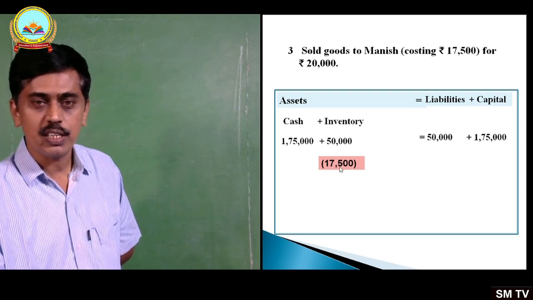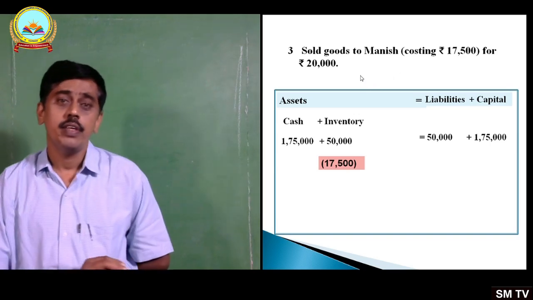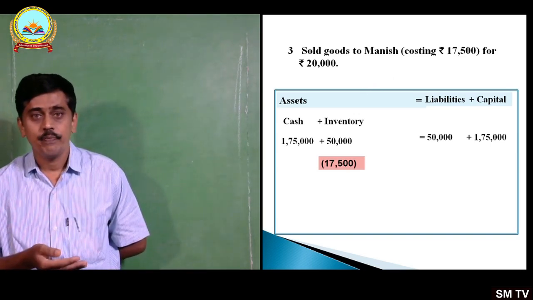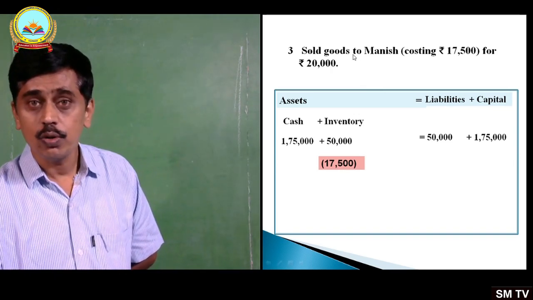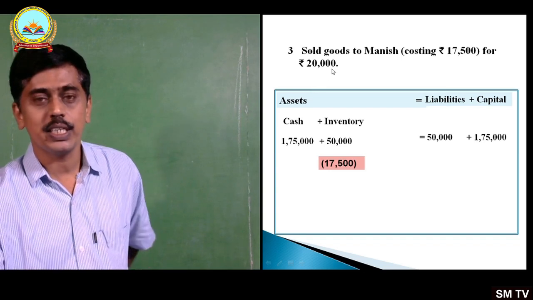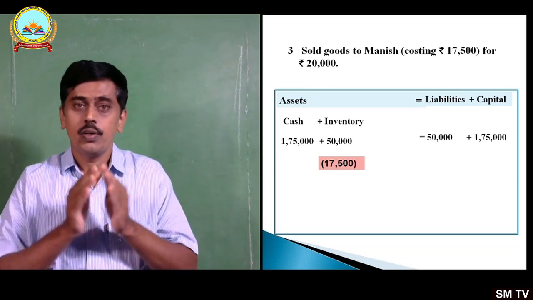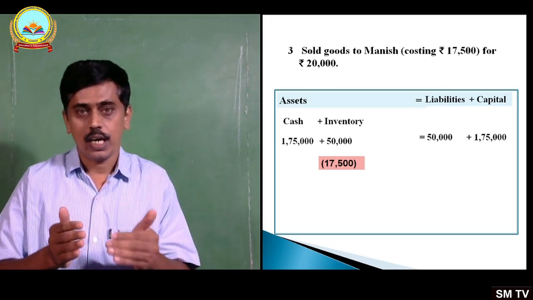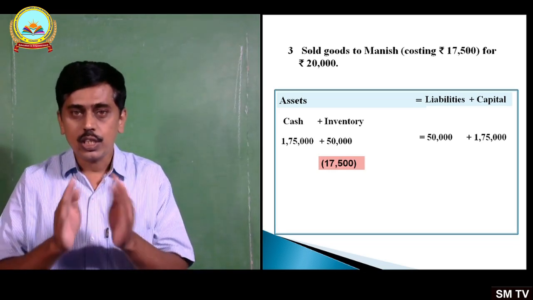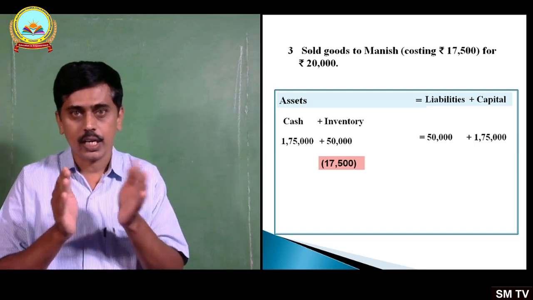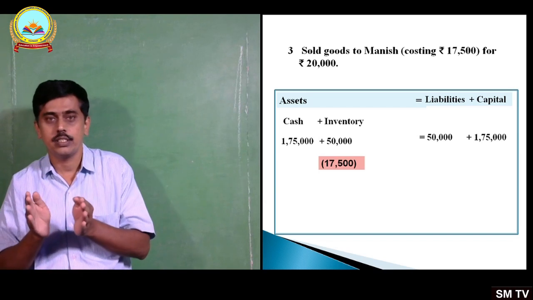Now Manish becomes our debtor, because here it says sold goods to Manish for rupees 20,000, whether it is for cash or credit is not given, but the name of the buyer is given. Again remember, when the name of the buyer is given and nothing is mentioned about cash or credit, we assume that goods are sold on credit.